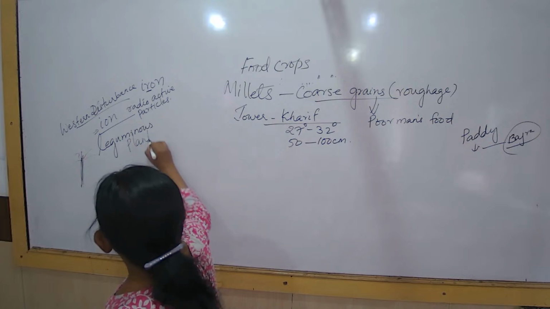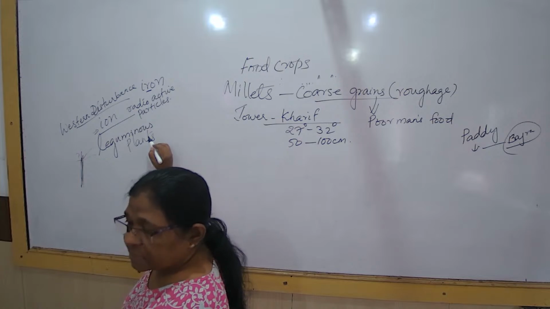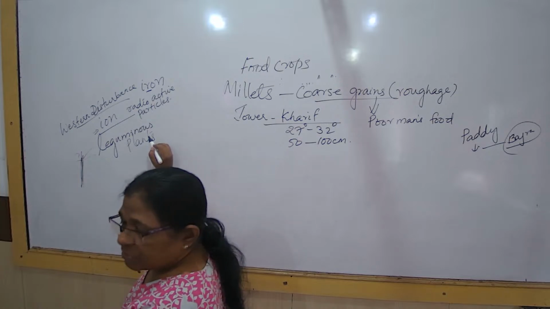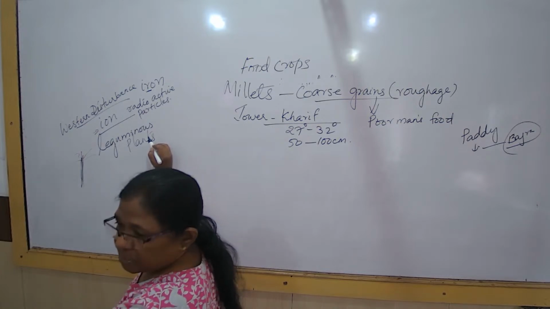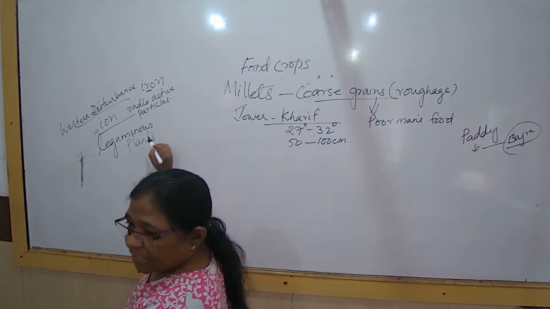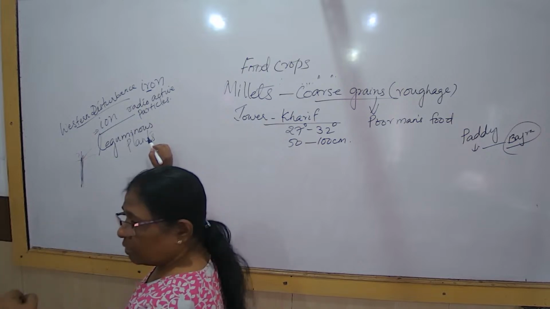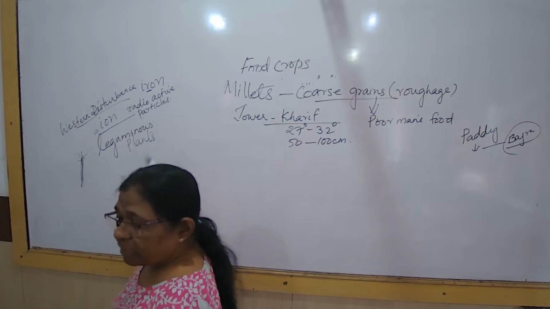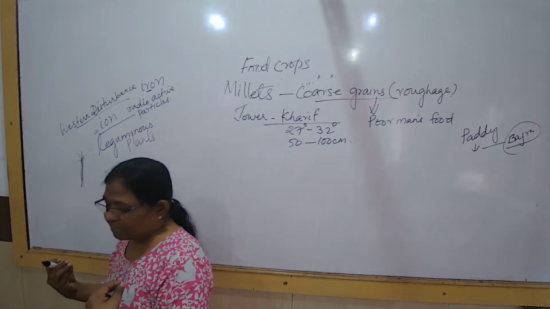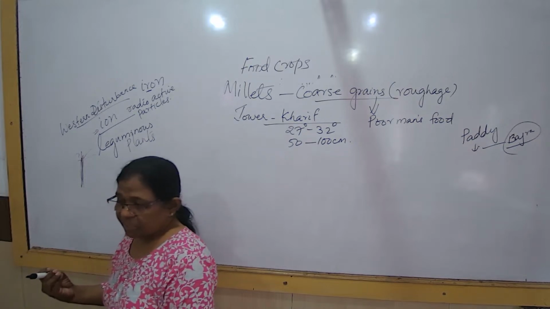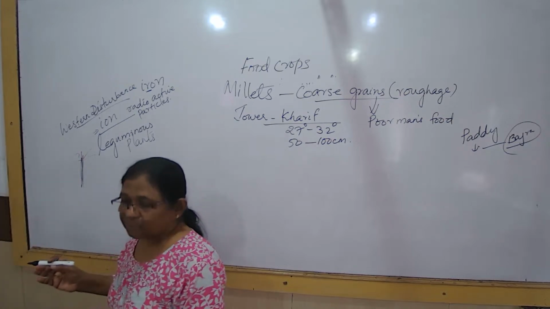Leguminous plants are the plants grown in between two crops, so the land is not left idle. These plants are grown and after harvesting we get vegetables. Understood? After that, this plant will add fertility to the soil.